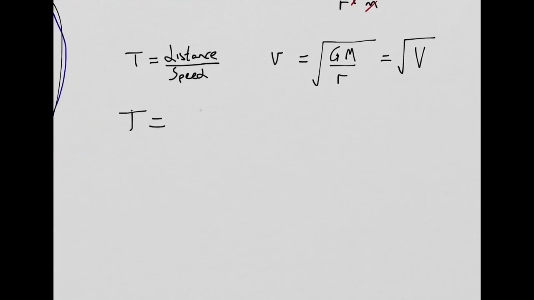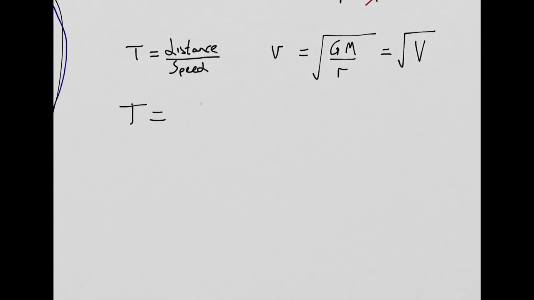So we can actually work out the time as 2 pi r, where r is the orbiting distance, divided by the speed. Well, we've just calculated that, so that's the square root of GM over r. Now, a little trick here, this is quite complicated.